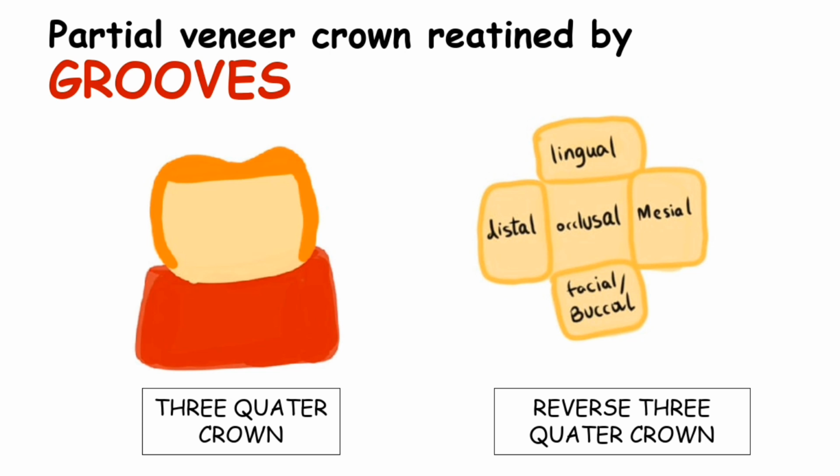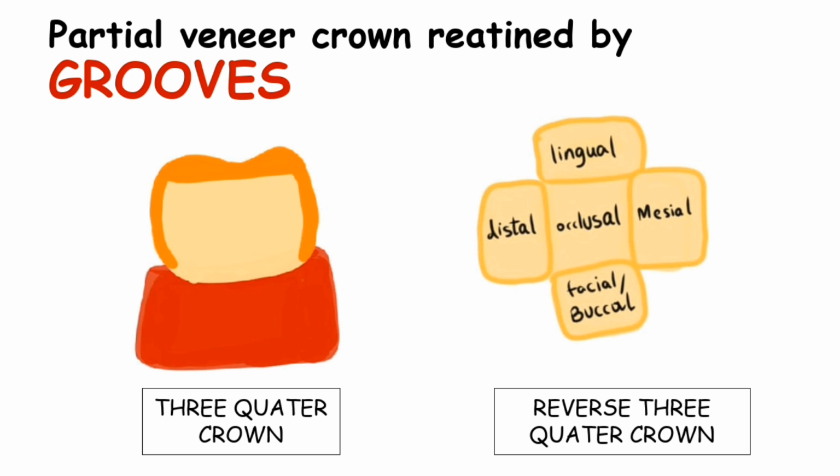So in the picture you can see the 3/4 crown, and the only surface which is not covered is the facial surface, while all the other surfaces are covered. In the case of the reverse 3/4 crown, it is also a modified form of the 3/4 crown which restores all surfaces except the lingual surface, and is retained by proximal grooves.